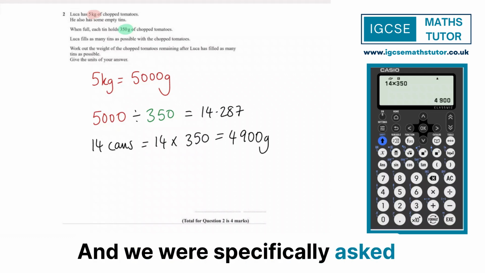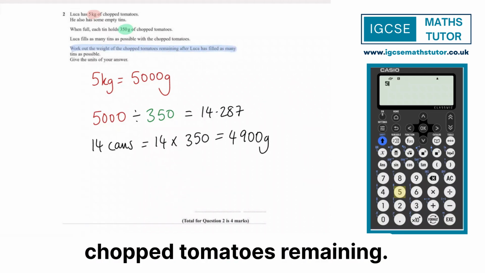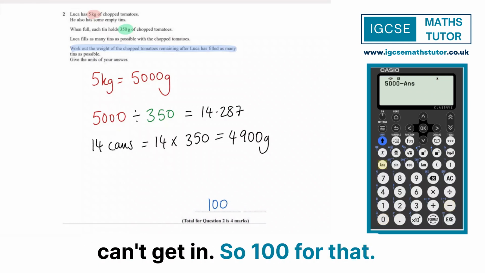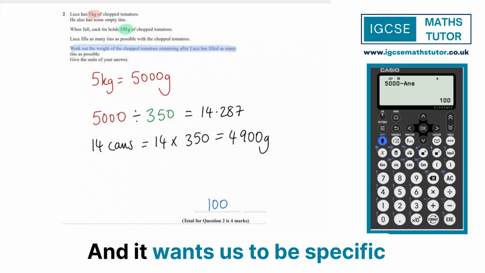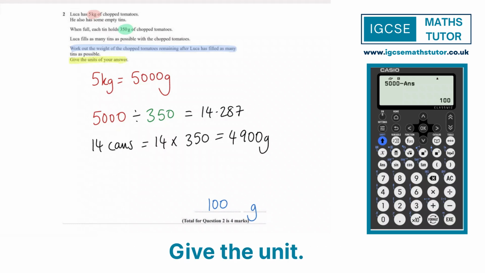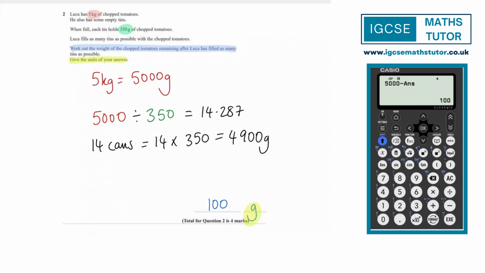And we were specifically asked to work out the weight of the chopped tomatoes remaining. So there'll be 100 grams he can't get in. So 100 for that. And it wants us to be specific about the unit we're using. Give the unit, so there'll be a mark for this. Okay.